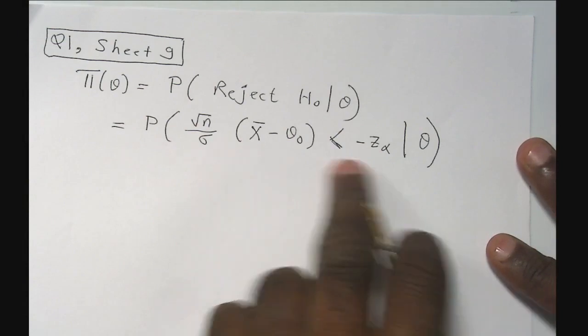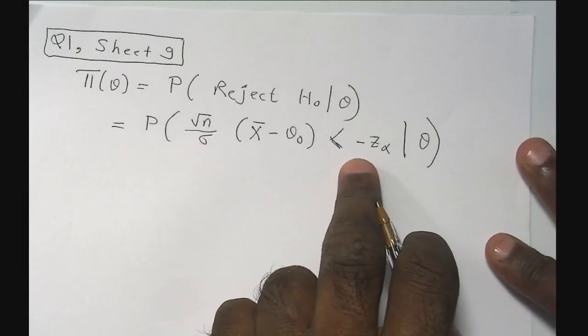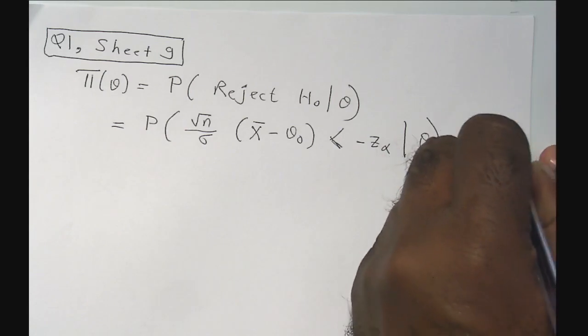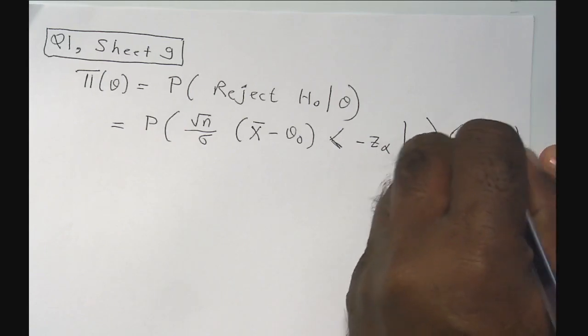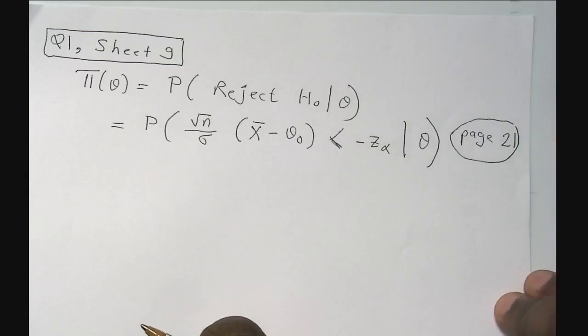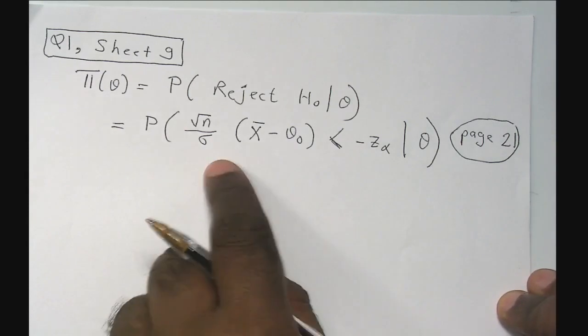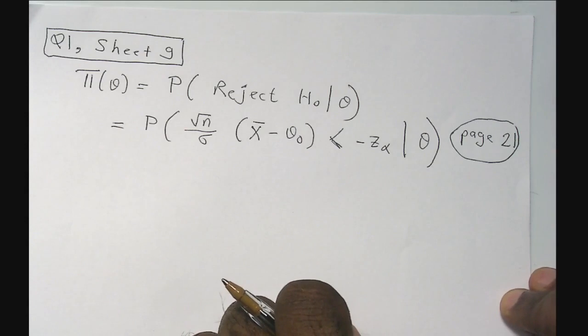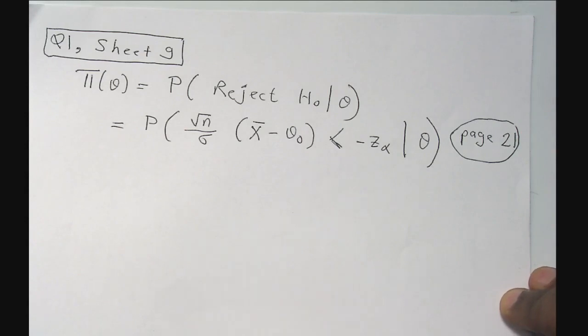Do you see where this comes from? This comes from page 21. If you look at page 21 of the notes, you will see this rule for rejecting the null hypothesis. It corresponds to the set of hypotheses theta equal to theta 0 versus theta less than theta 0.